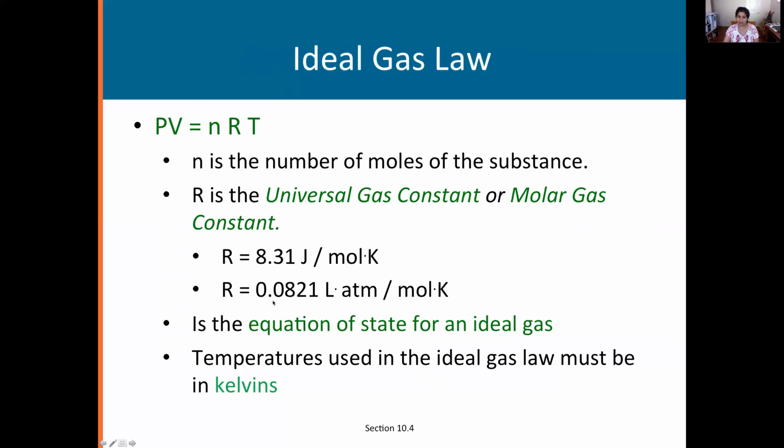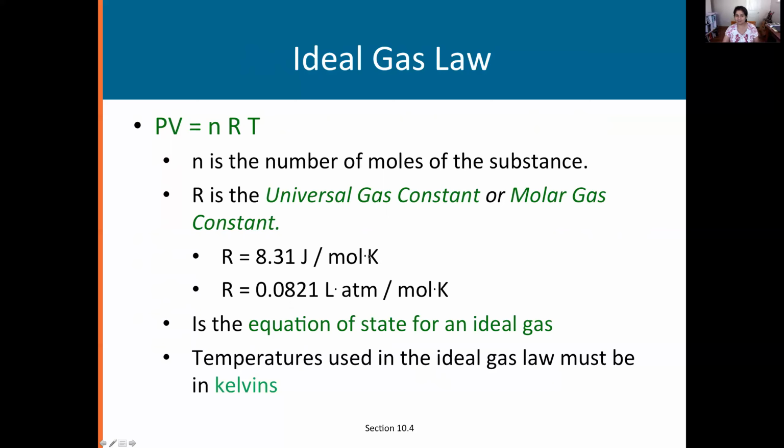This is not the SI unit, but your problem might give you R like this, or R might be just a constant given somewhere else, not with the problem. So what I suggest you do is you convert all other quantities like pressure, volume, n and T to match the units in which the R is given to you. So if R is not given in MKS units, if it's given like this, then make sure you have the volume measured in liters, pressure in atmospheres, yeah, and so on.